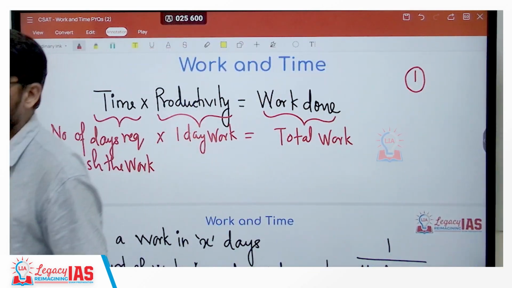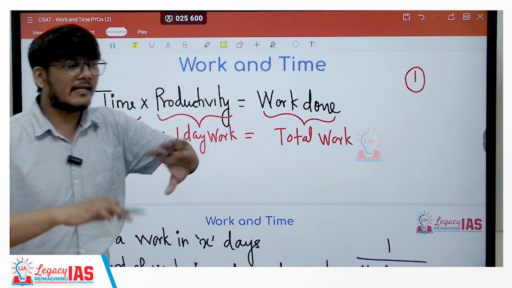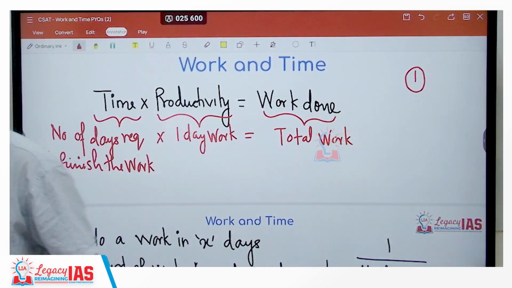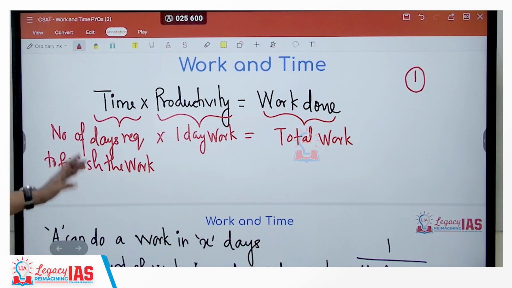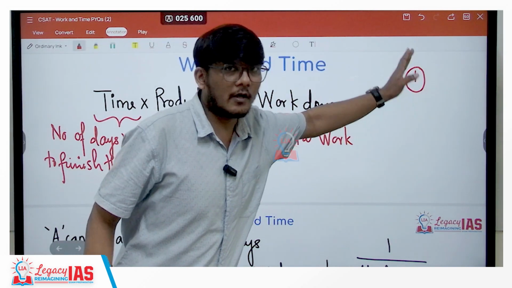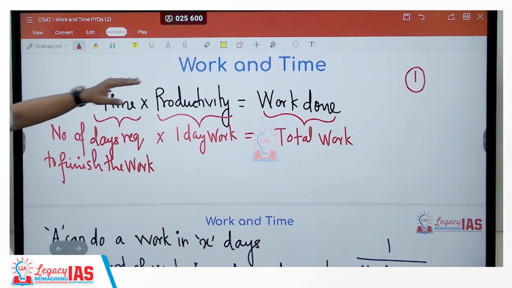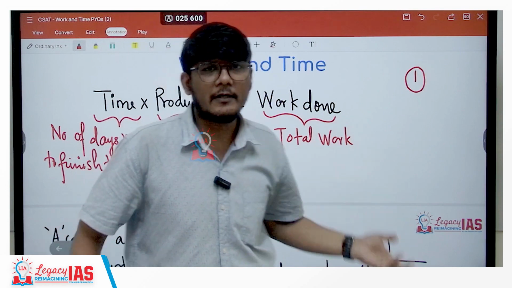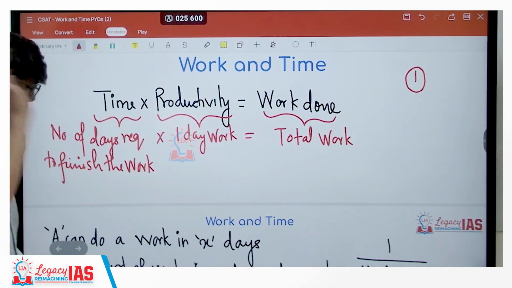Okay, you may take total work as some other unit by taking the LCM. When there are 3, 4, 5 people involved and you need to take the LCM, then you may take a different unit, but generally the complete work is taken as 1. So time into productivity equals work done. Time is the number of days required to finish the work. Productivity is 1 day work, and work done is nothing but the total work.